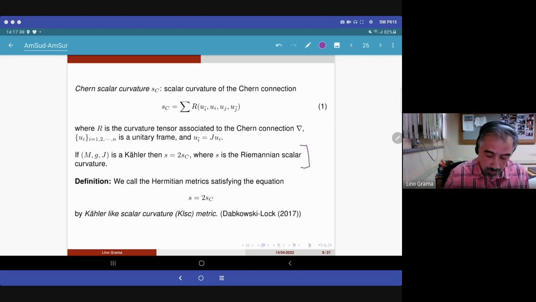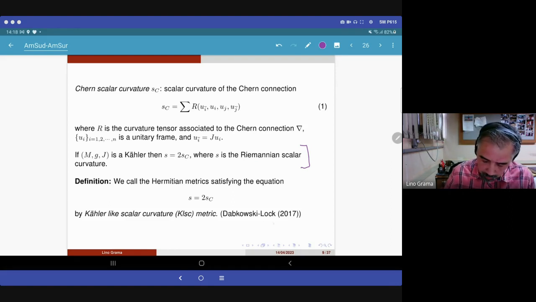It is a very standard and well-known result: if M is a Kähler structure, then S, the Riemannian scalar curvature, is equal to 2 times the Chern scalar curvature. Okay.